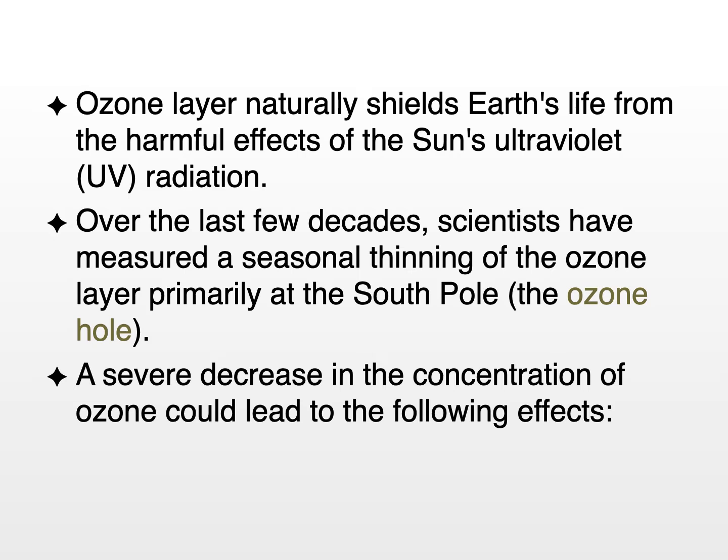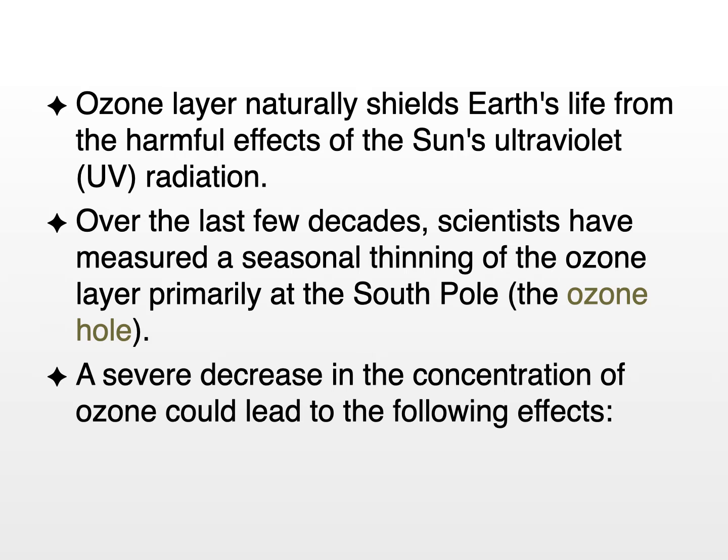Over the last few decades, scientists have measured a seasonal thinning of the ozone layer. Now it doesn't occur all year long, just in particular seasons, and it's primarily occurred at the South Pole, and it's been given the name the ozone hole. A smaller decrease does occur at the North Pole, but it's much smaller in scale.